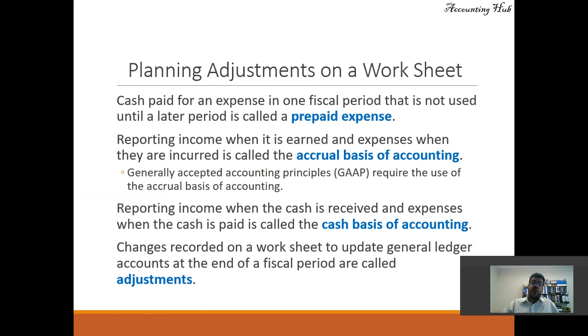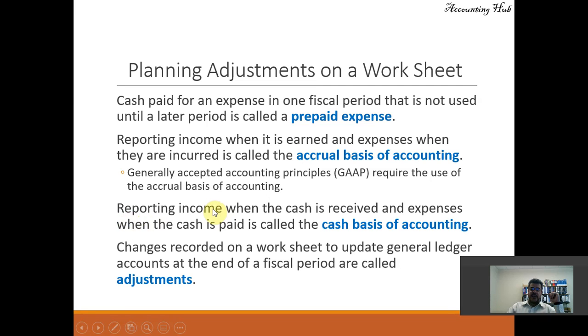Reporting income when it's earned and expenses when they are incurred is called the accrual basis of accounting. That is mandatory according to GAAP, our generally accepted accounting principles. And not only here in the US, but all over the world. It is accrual basis accounting.